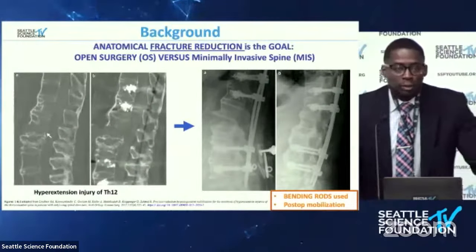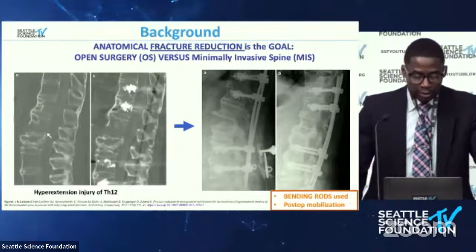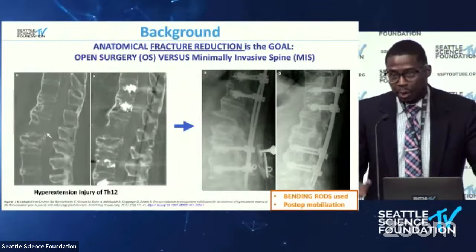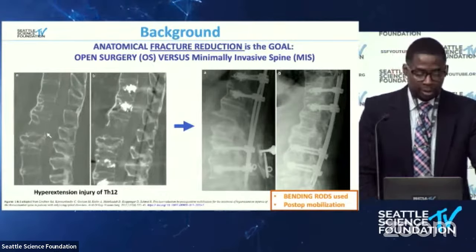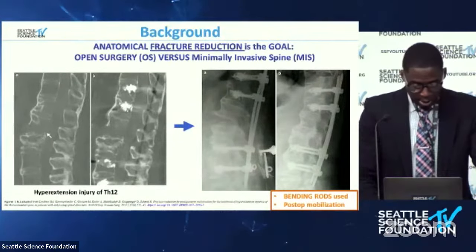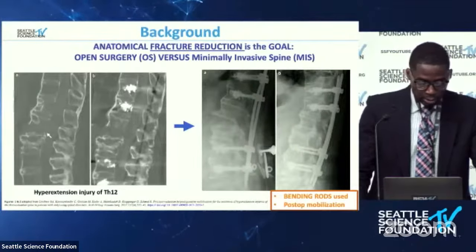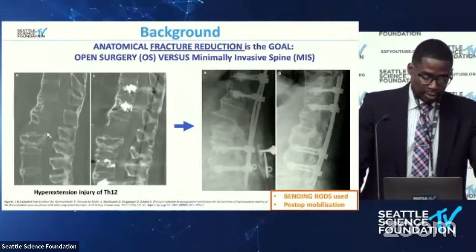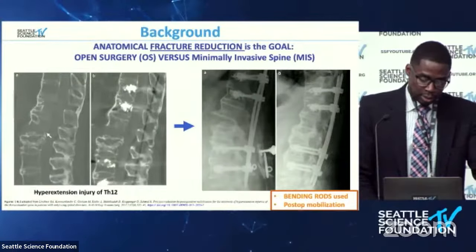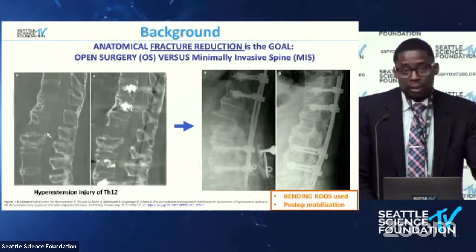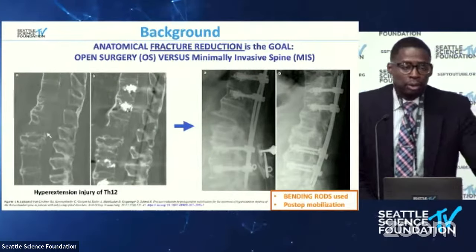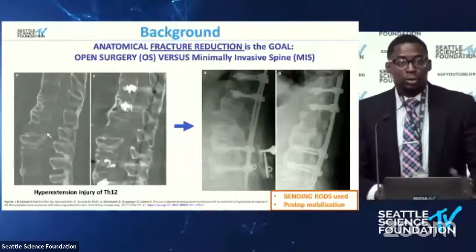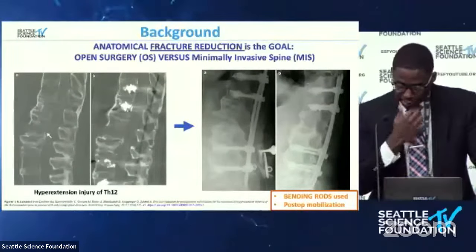One of the goals of the paper was fracture reduction in terms of surgical fixation, irrespective of open surgery versus minimally invasive surgery. In this article, they alluded to another journal article describing a hyperextension injury at thoracic level T12, where they did fixation using bending rods as well as mobilization to help reduce the fracture at the site of injury.